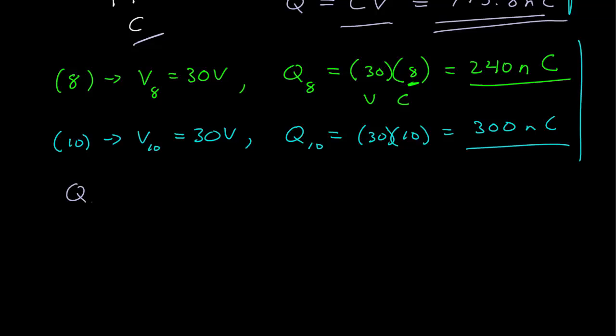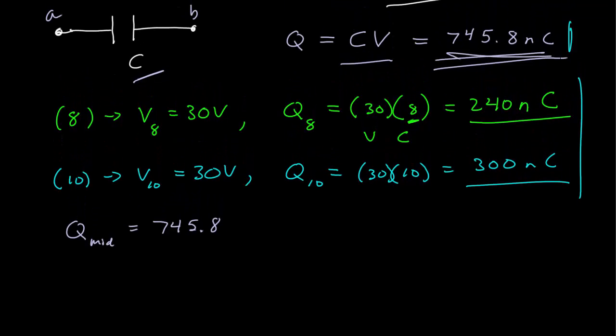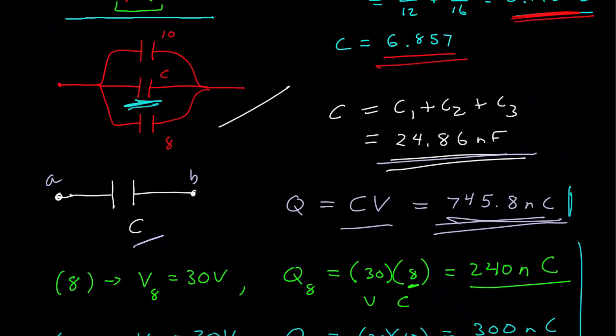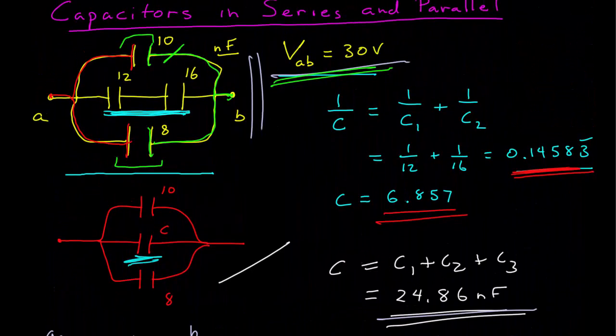So the amount of charge in the middle is equal to the total, 745.8. Can you see that? That's here, minus 540, and that's equal to 205.8 nanocoulombs. And so we know that this Q in the middle is on each capacitor.